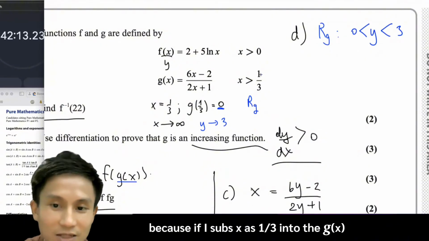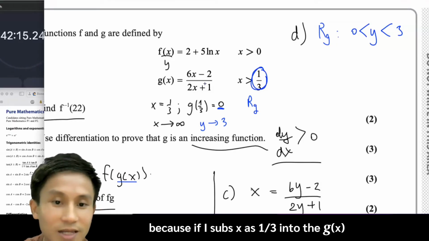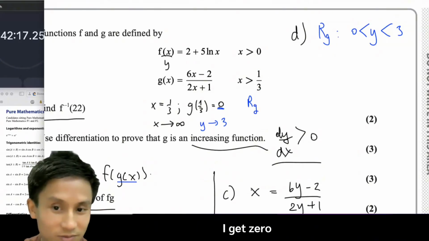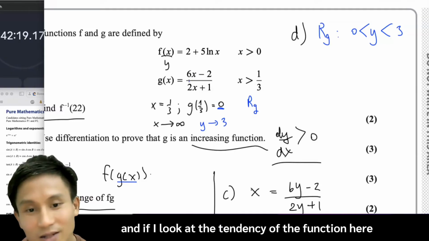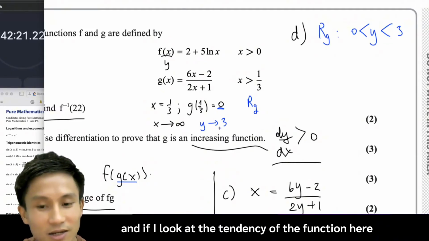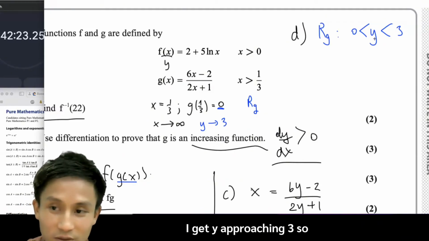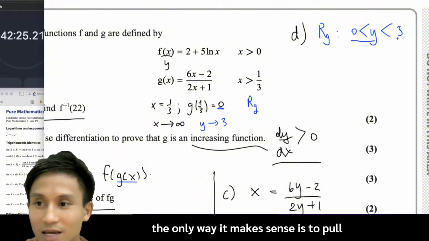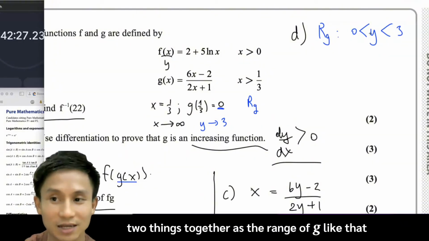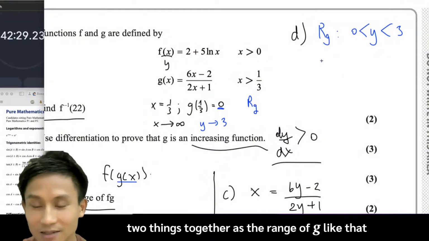Because if I substitute x as 1/3 into g(x), I get 0, and if I look at the tendency of the function, I get y approaching 3. The only way it makes sense is to pull these two things together as the range of g like that.